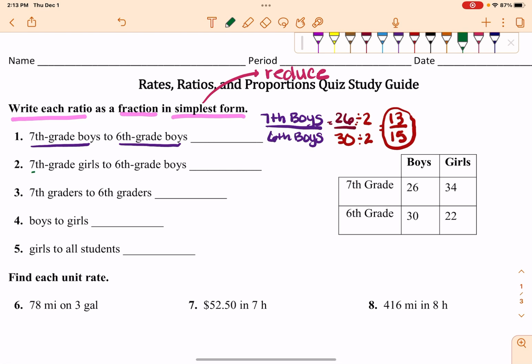Now for the next one, it's 7th grade girls over 6th grade boys. 7th grade girls is right here, that's 34, and 6th grade boys is this 30.